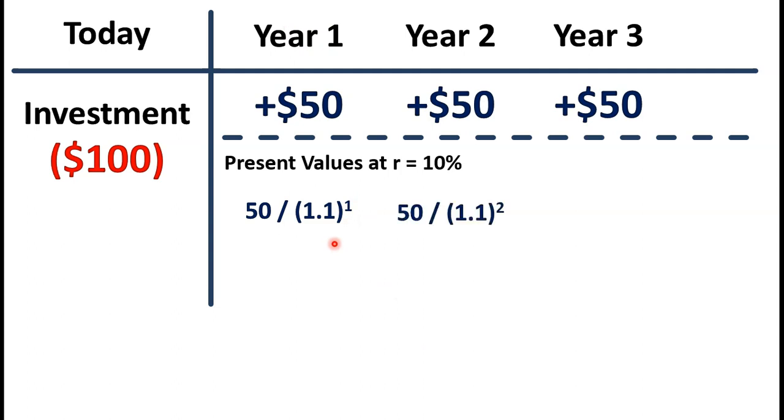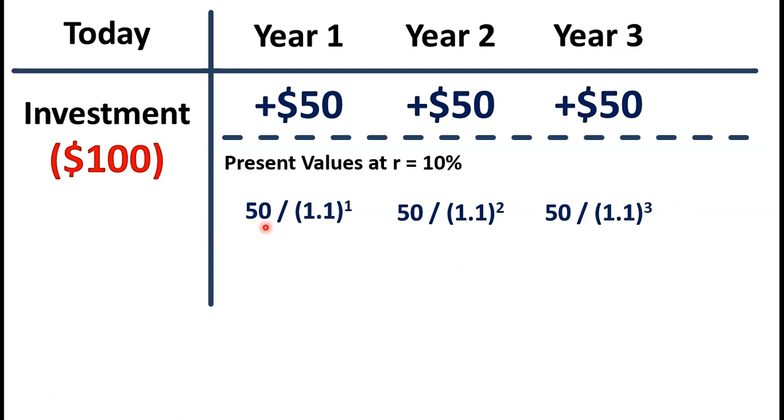Then if you have to discount back the second cash flow, it will be 50 divided by 1 plus R to the power n, and n here is 2. Then if you have to discount back the third cash flow, it will be 50 divided by 1.1 to the power n, and n is the number of years, which is 3. So to the power 3.